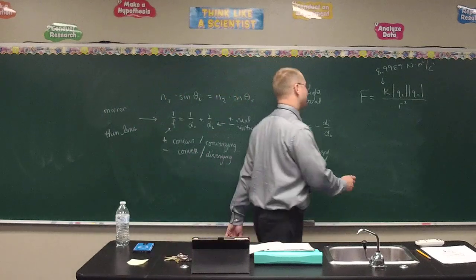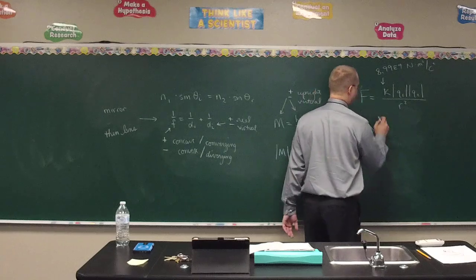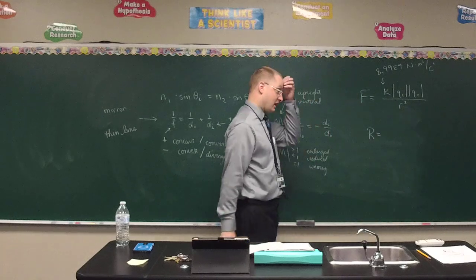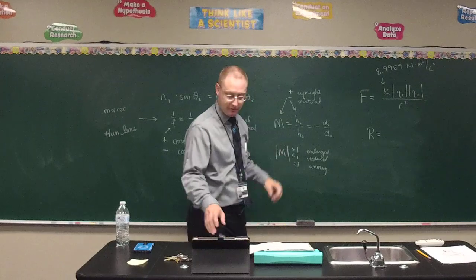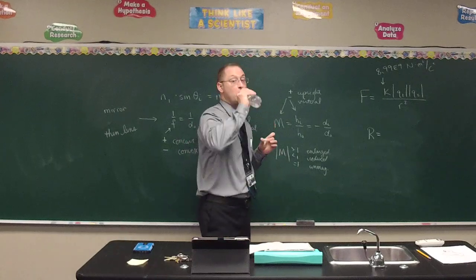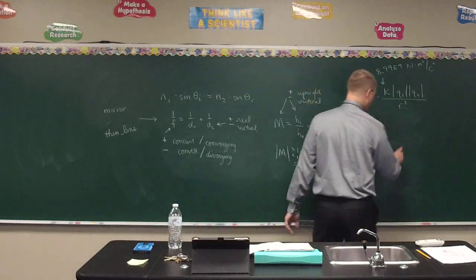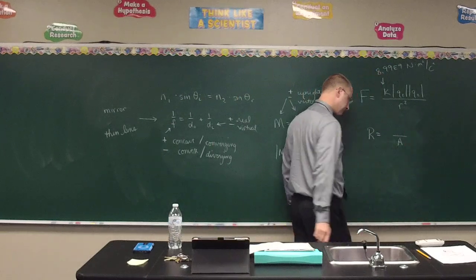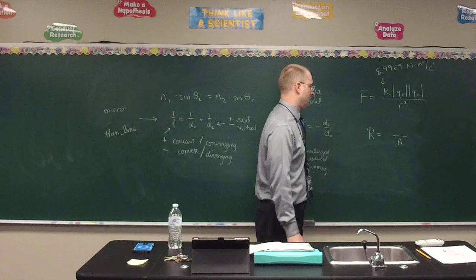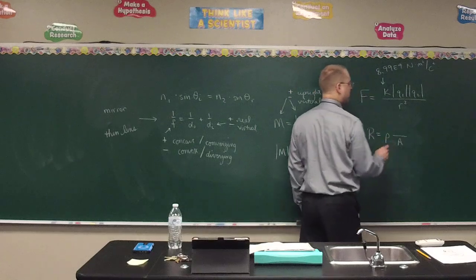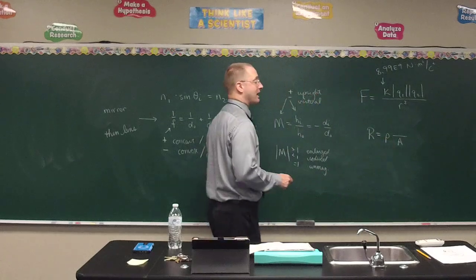Resistance. And remember we said to find resistance in a wire, there are three things that affect resistance in a wire. The thickness of the wire or the cross-sectional area. The type of material, the resistivity of the material. What's that wire made out of?